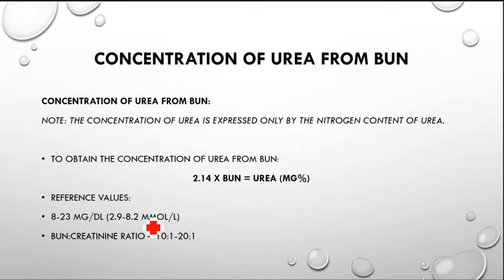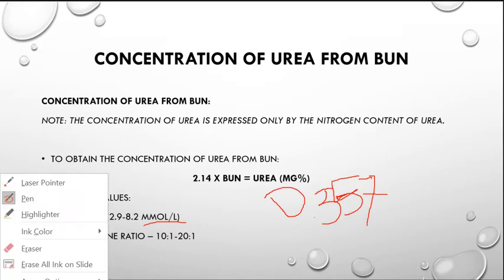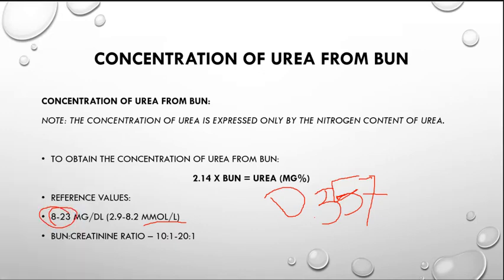To get your millimole per liter, we only have to multiply the values in mg per dL by 0.357. That is the conversion factor for your urea. And then we also have the BUN to creatinine ratio, which is 10:1, it can be 20:1.